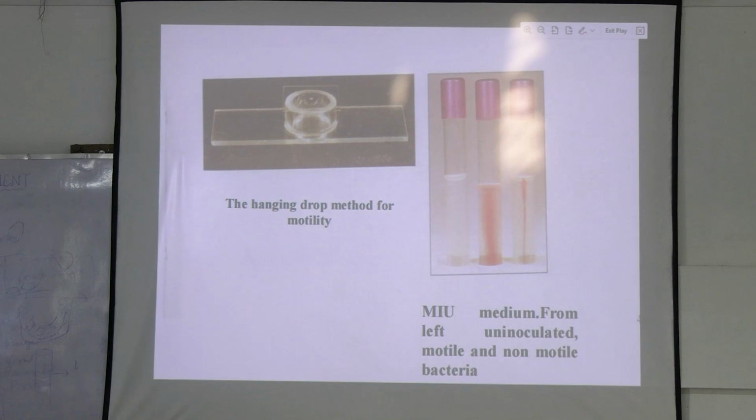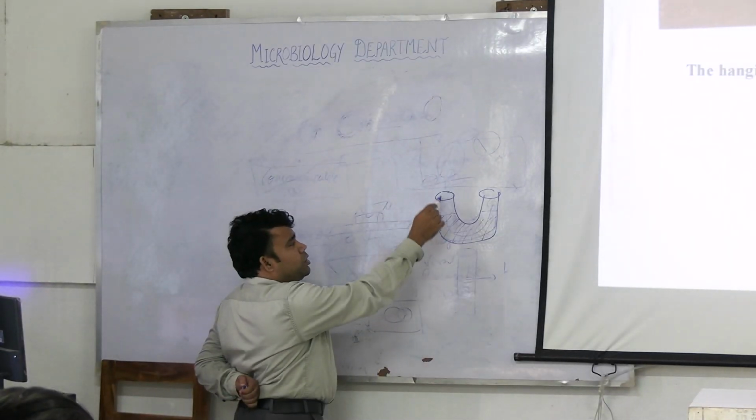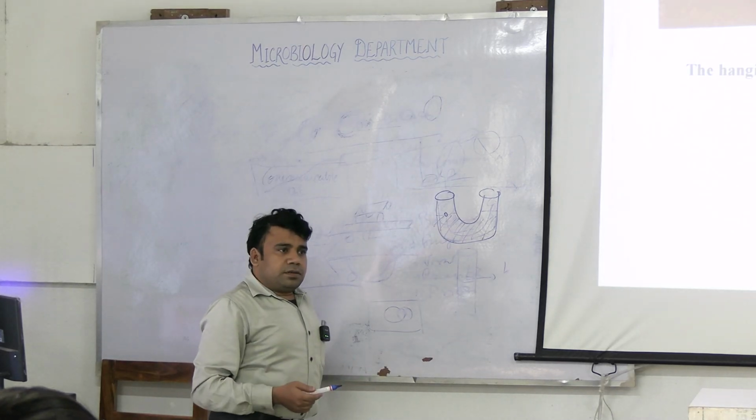Okay. This is a very common method, or we can use what is known as Craigie's tube method. Craigie's tube is a tube which is U-shaped. And it contains a semi-solid agar. Now suppose I inoculate the bacterium on one end and then incubate.